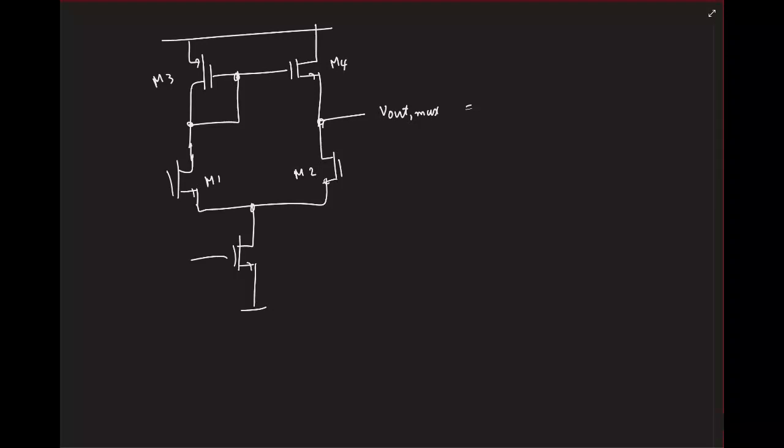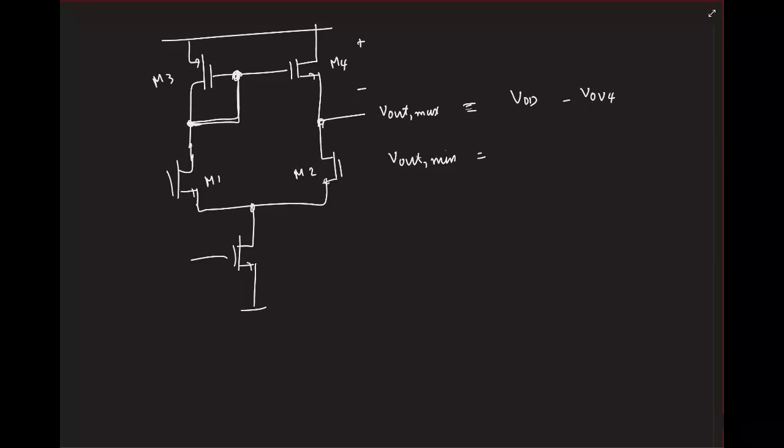I mean, based on what we did now, can you guess what this maximum value will be and minimum value will be? VDD minus overdrive of 4. Here again you work it out, since you have the diode connections, but you'll find that this is basically this.